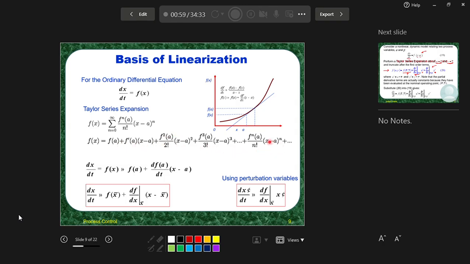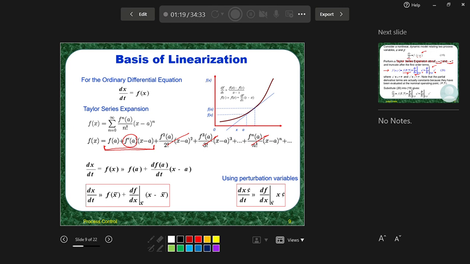So what we can do is to take only the first two terms of the Taylor series. We don't need to go for higher terms. And then the approximation will be a linear function that involves the differential term here.